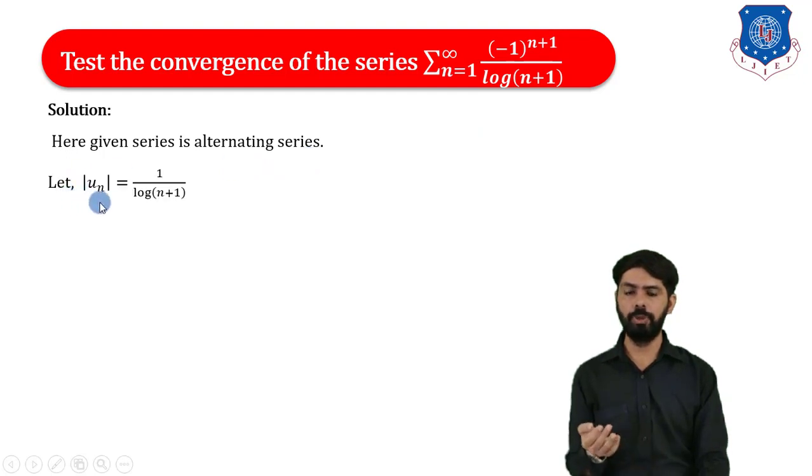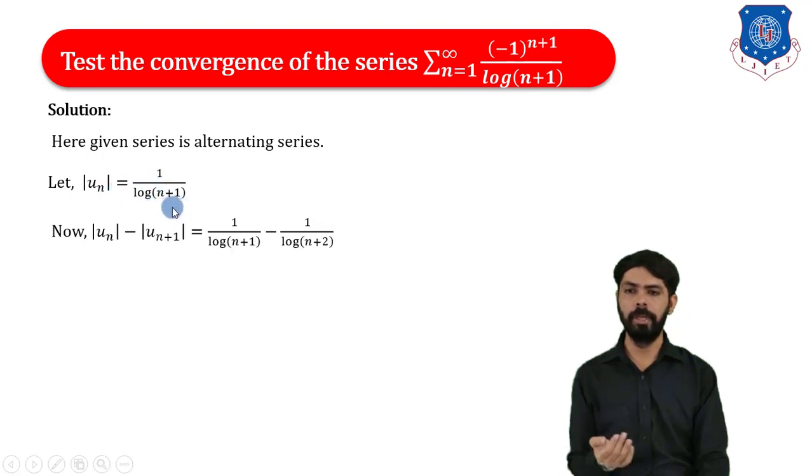Now let modulus of u_n is equal to 1 divided by (log n + 1), because if we take modulus of this u_n, then modulus of (-1)^(n+1) will be 1. So here modulus of u_n is equal to 1 divided by (log n + 1). Now we will find out modulus of u_n minus modulus of u_(n+1).